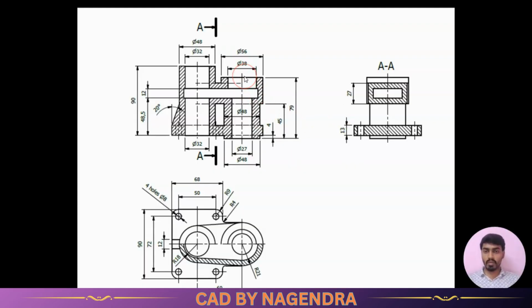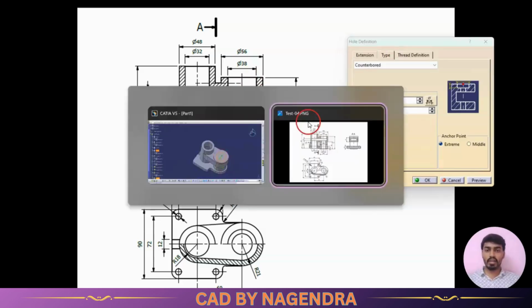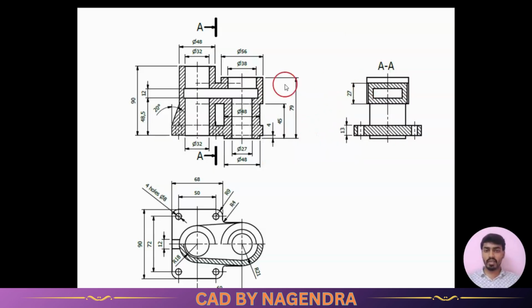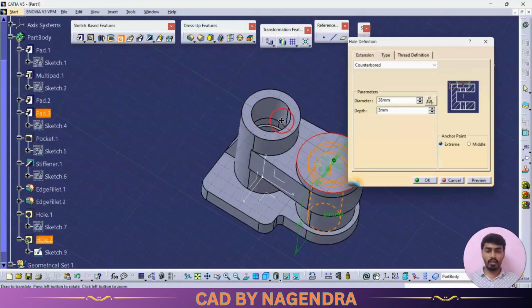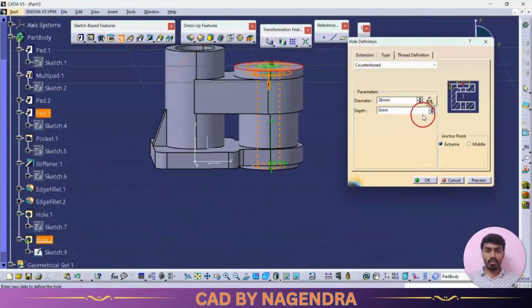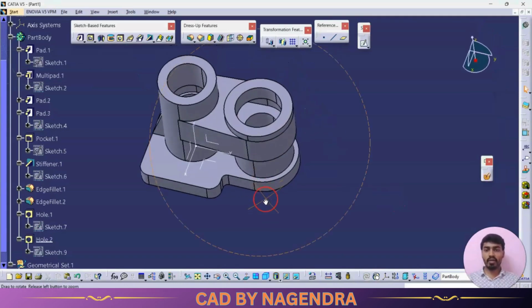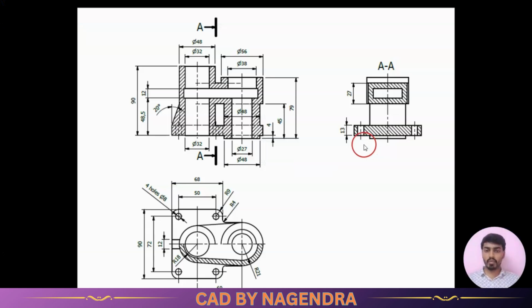Then the counter bore depth we need to give up to here. So this is 12 mm, and extra this also we need to provide. So let me give the dimension here. As you can see, already we know this extra is 6 or 7 mm. We can give blindly a little more. Now this depth I'll give somewhat extra like this up to there. Then I'll go for preview. I'll say okay. Properly that material will be removed.